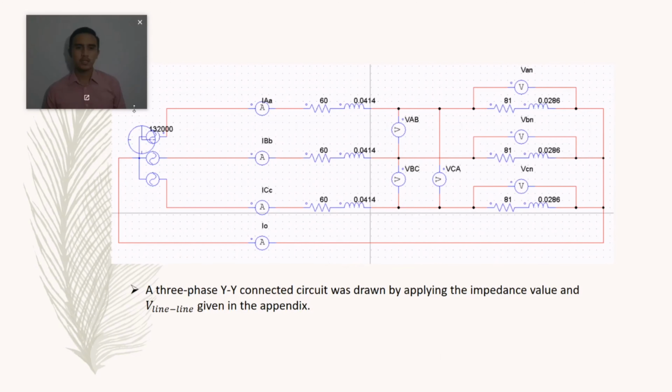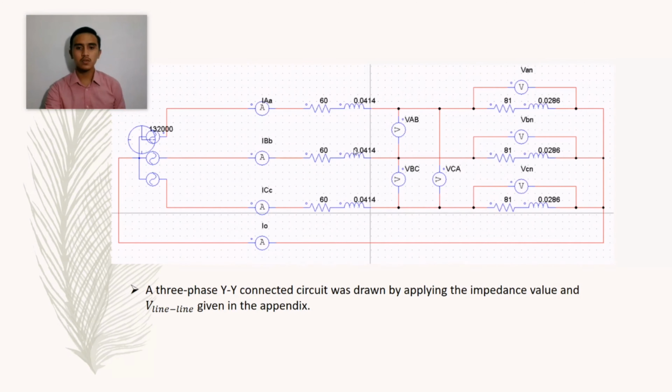So this is the circuit that I drew. This is a three-phase Y-to-Y connected circuit, and I applied the impedance value and the V line-to-line, which is given in the appendix, where all students got a different value.